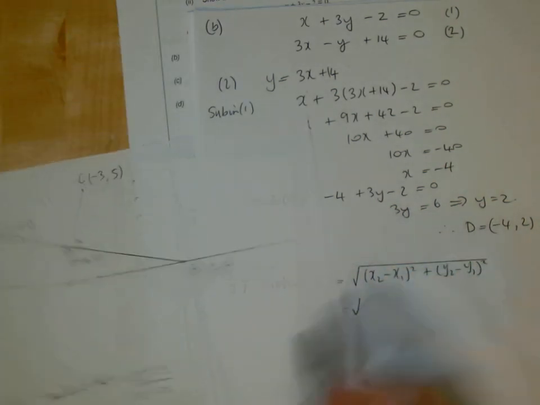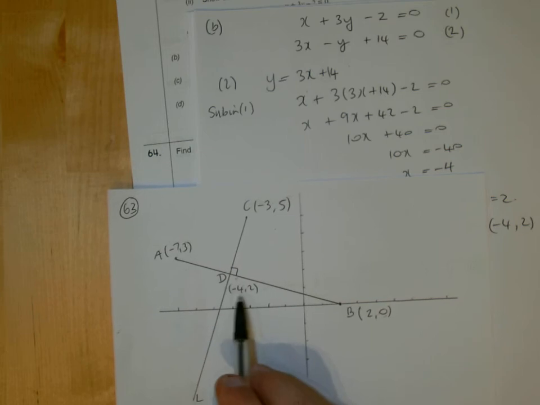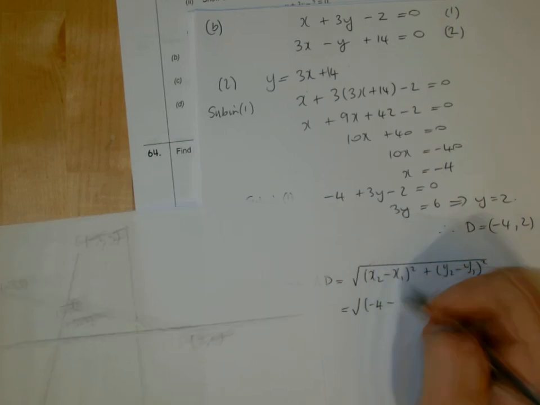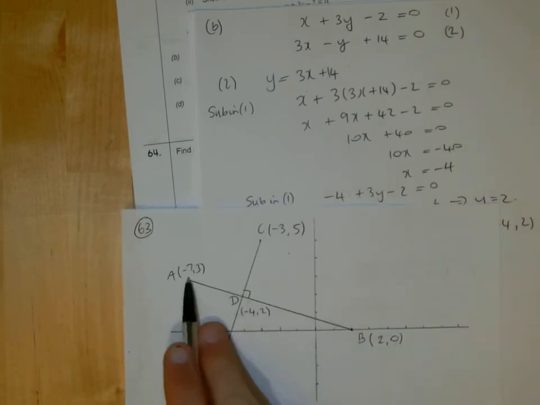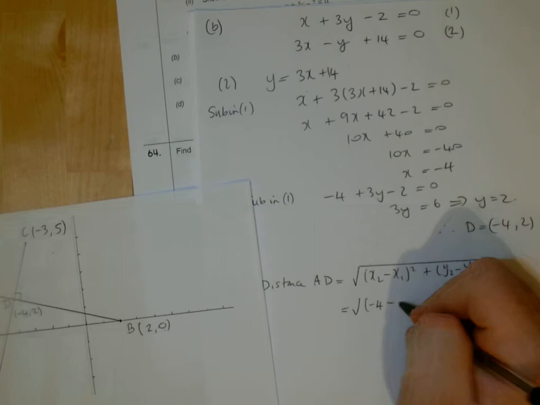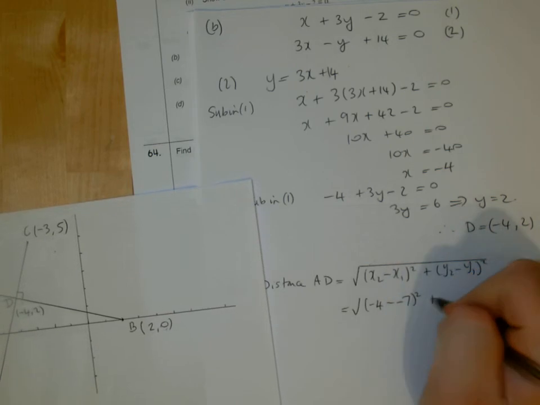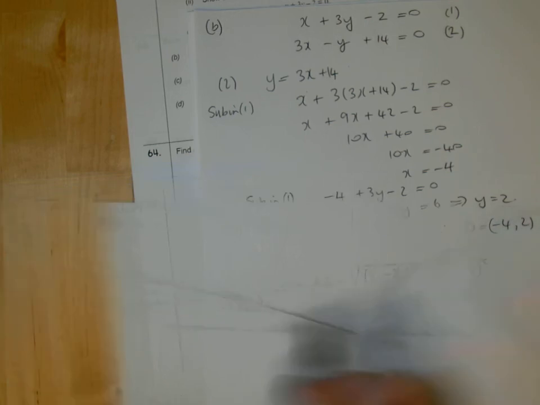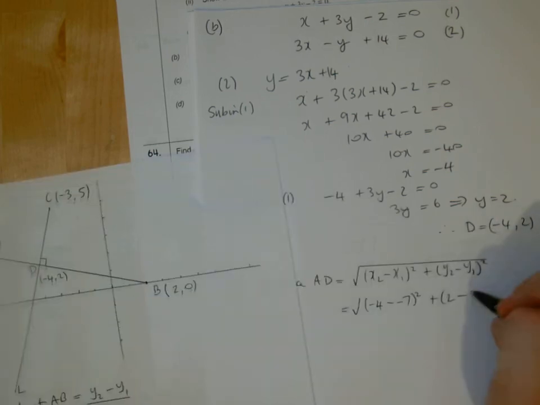So it doesn't matter what you choose, as I said before, as long as you're consistent. So maybe I'll call that my x2, y2. So x2, that will be minus 4, take away my x1, which is minus 7. So 2 minuses there. My y2 is 2, take away my y1 then, which is 3.